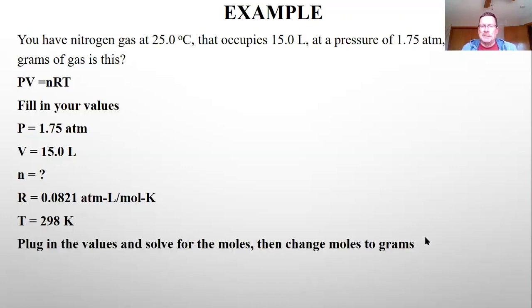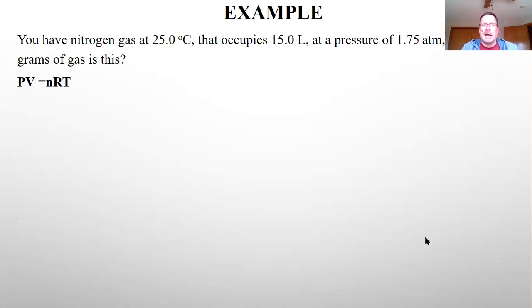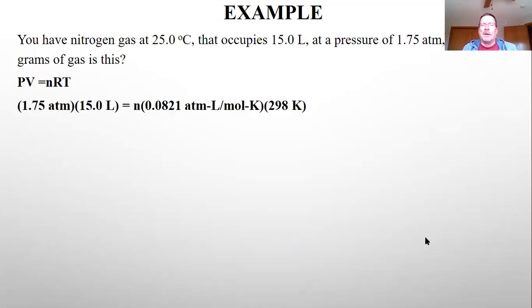So now I've got all my numbers placed where they should be. It's plug and chug. You're going to plug it in, solve for n, and then change that back to grams. So what does that look like? There's our pressure, our volume, our n is what's left over, there's our R, that's our gas constant, and there's the temperature. And I just solve for n.